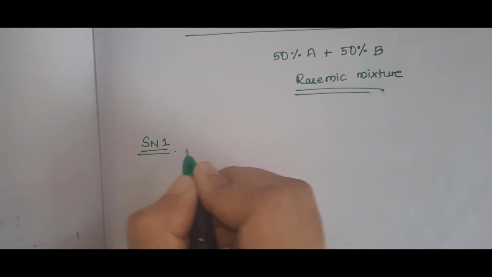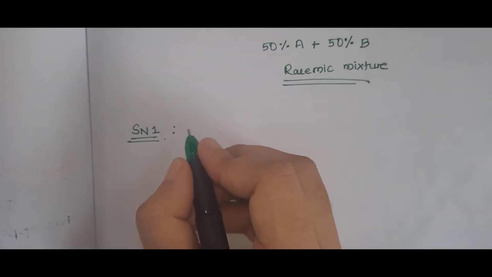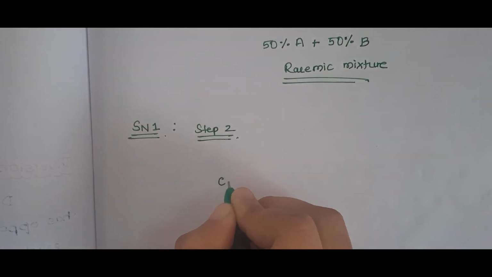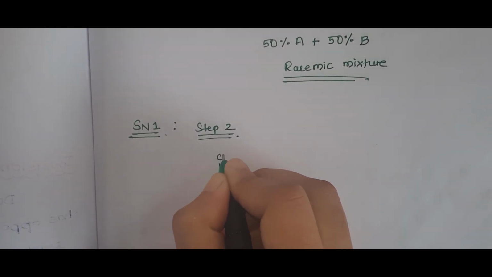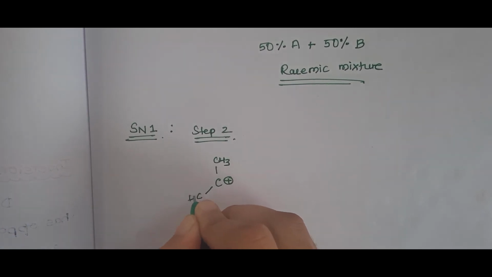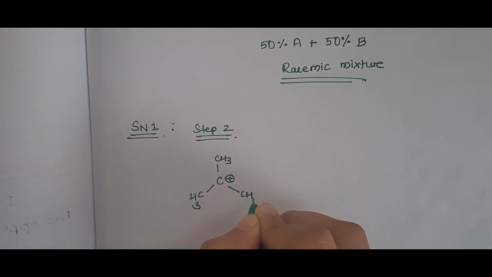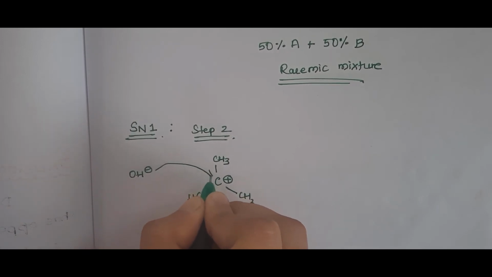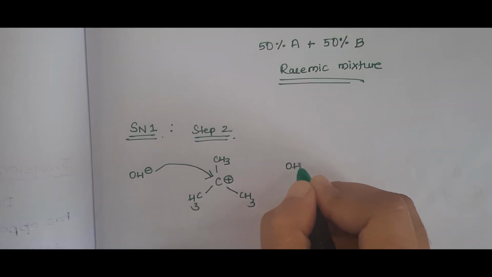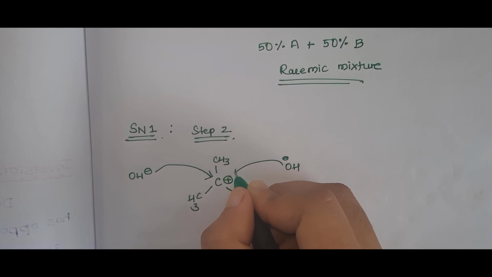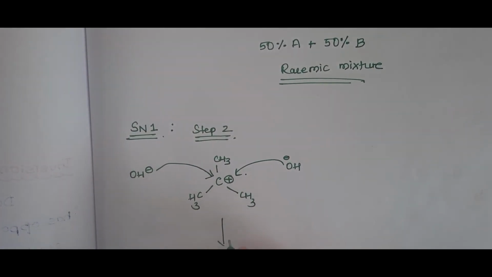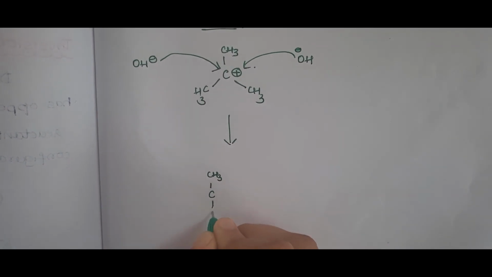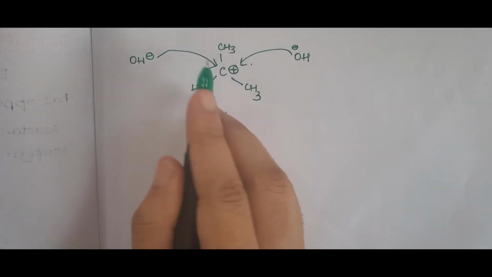So we'll recall what we had studied. In SN1 reaction, in step 2, we have studied that the nucleophile attacks the carbocation. So this was our carbocation in step 2. The nucleophile can attack from the back side, or from the front side. So what are the two possible products we get here? It is not either, sorry, it will attack from both the sides, and we get a mixture of products.